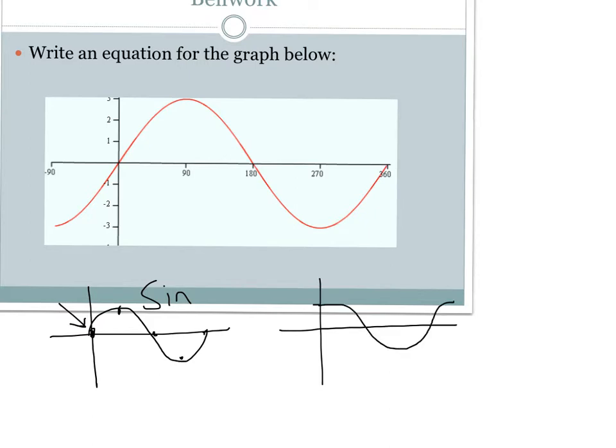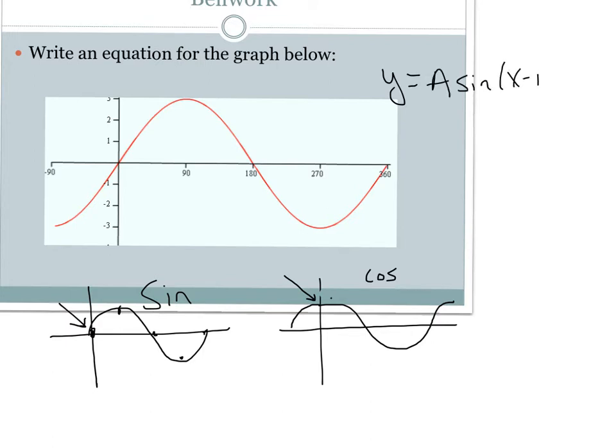And cosine is going to cross the y-axis right here, whereas sine is going to cross the origin. So that right away tells me this is some sort of sine function.